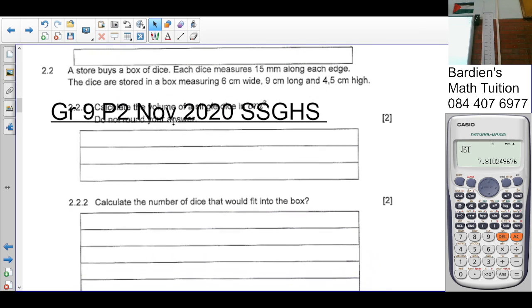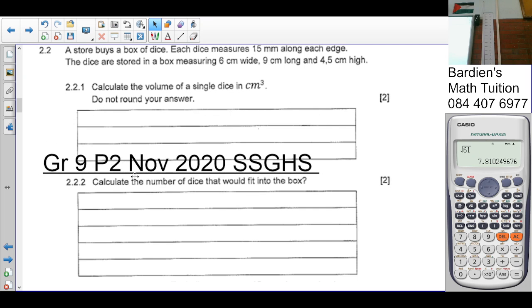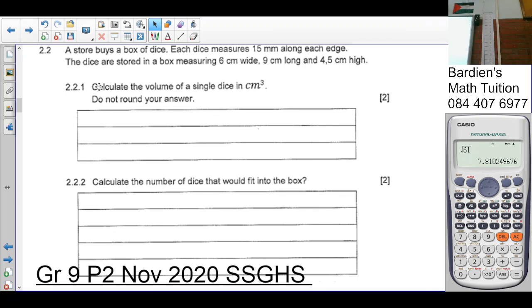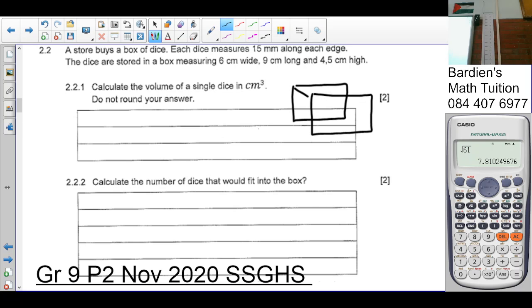Look at the next question. We are told that the store buys a box of dice. Each dice measures 15 millimeters along each edge. Okay, so let's throw a dice here. A dice is basically a cube, not so? And it measures 15 millimeters per side. The dice are stored in a box measuring 6 centimeters wide, 9 centimeters long, and 4.5 centimeters high.